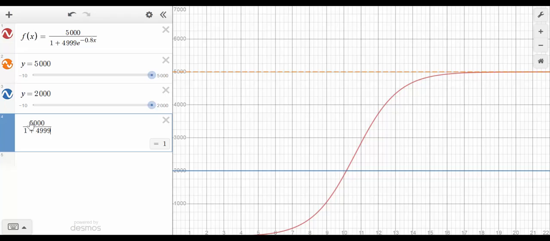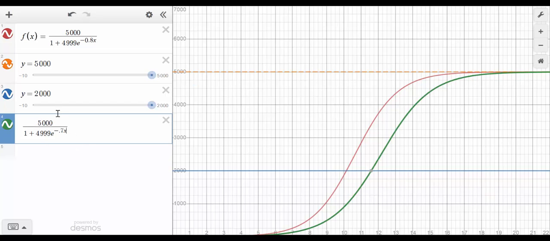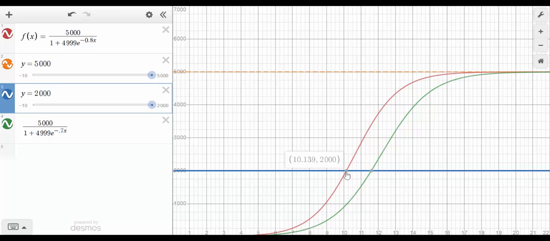I'm going to enter the same thing, except it's going to be e to the, let's say, negative 0.7x. Look at this. We did have the number occurring here when 2,000 will be infected. Now it's occurring over here, day 11.